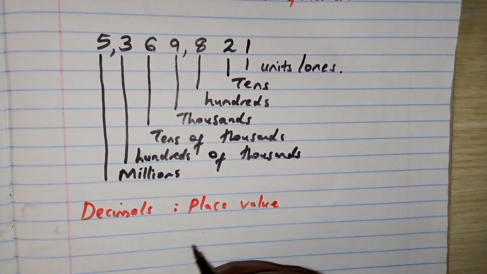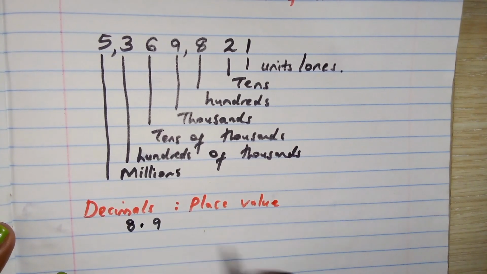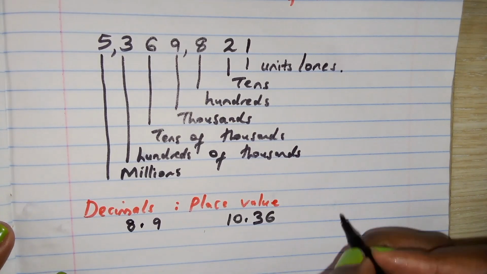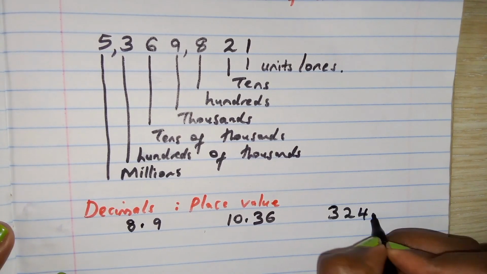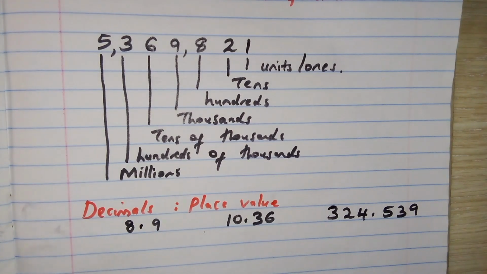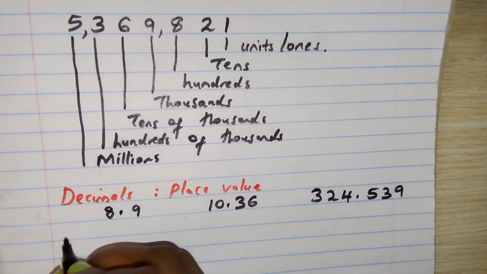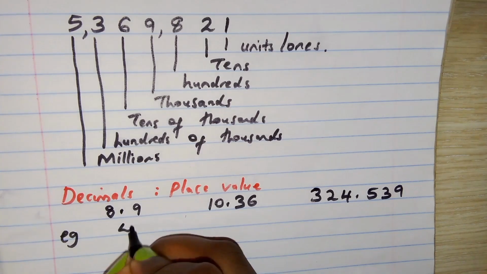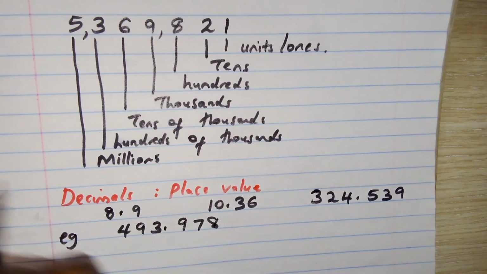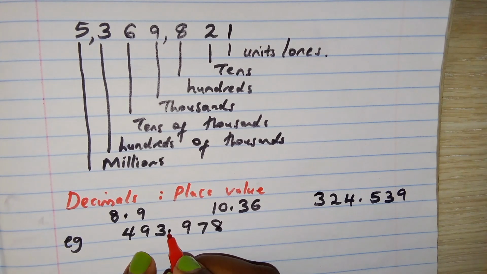Now we can do place value of decimals. A decimal is a number that has a decimal point. For example, 8.9 is a decimal number, 10.36 is a decimal number. Let's look at the place value of decimals, for example 493.978.